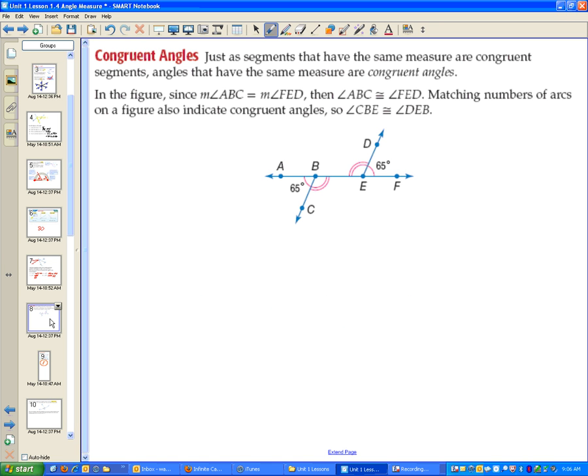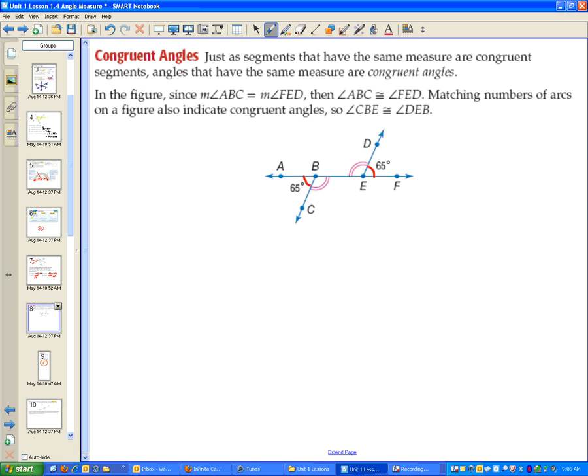Congruent angles. Just as segments that have the same measure are congruent segments, angles that have the same measure are congruent angles. And the way we mark those on a figure is with a little arc. So notice in the figure that this angle is 65 degrees and this one is 65 degrees. So put one little arc in the interior of each angle, that marks them congruent.